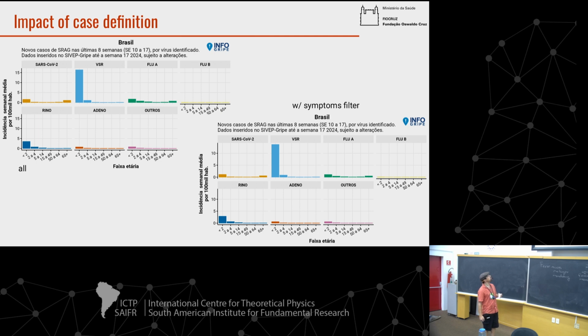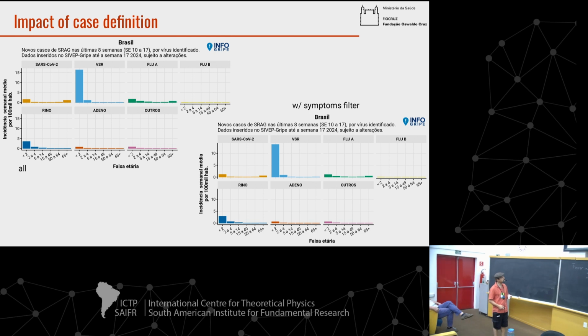Now, just to show a little bit of the clear impacts of that, this is an analysis that was done recently of the weekly incidence per 100,000 individuals in Brazil, looking at that same data for different viruses and different age strata.